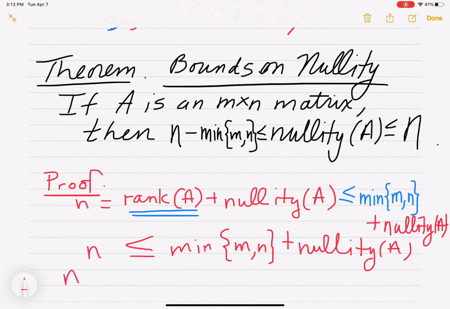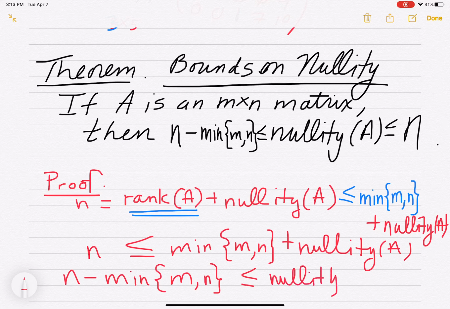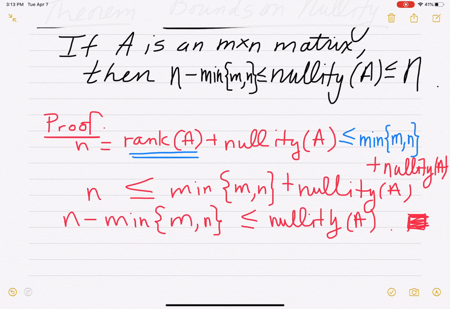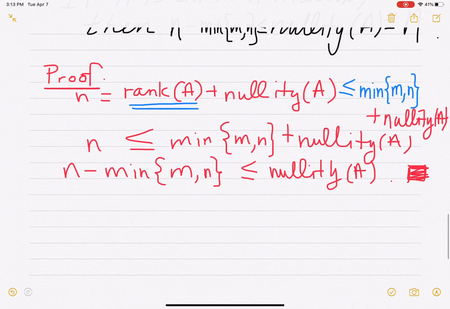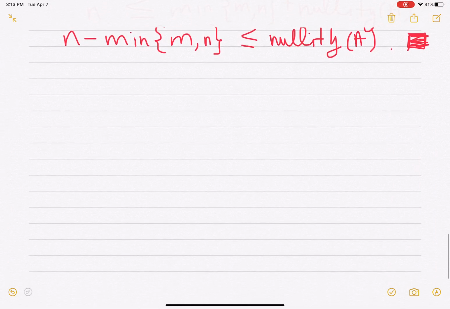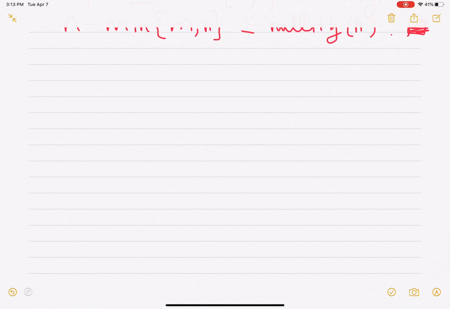I get n minus the minimum of m and n is bounded above by the nullity of A. Or that's a lower bound for the nullity of A, I can say. That's another way to say that. So that's a partial proof there. Good enough. So it's important. Your nullity has to be at least n minus the minimum of the number of rows and columns. So that's useful.